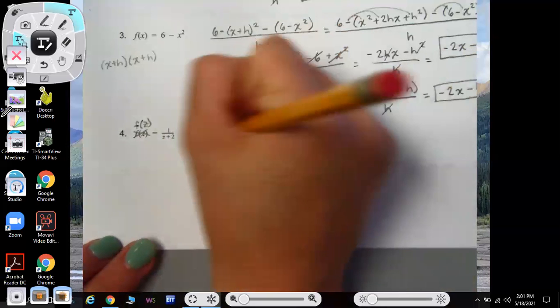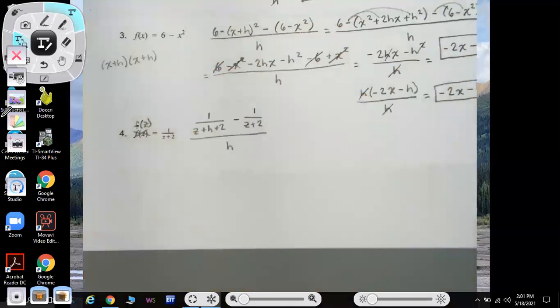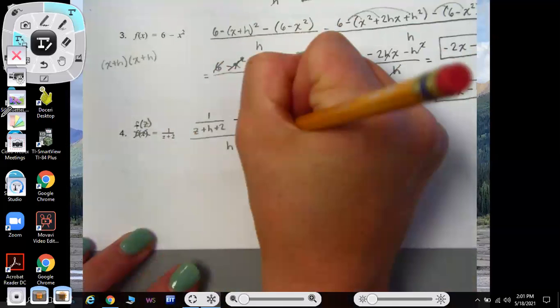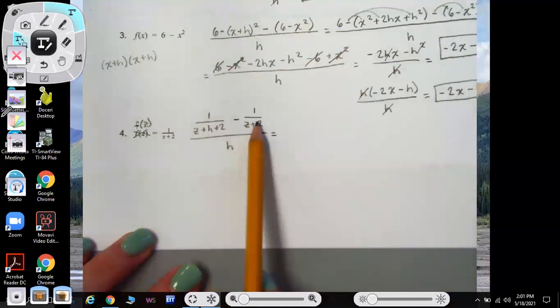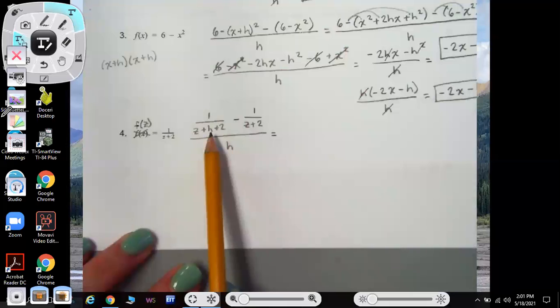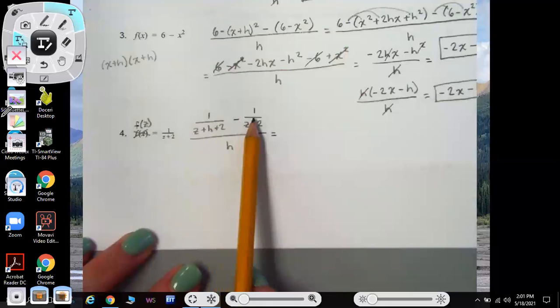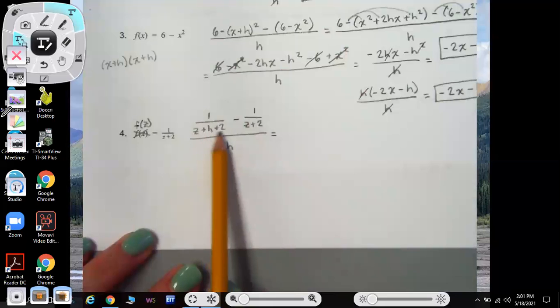All of that over h. Okay, in the numerator, in order to subtract these two fractions, they need to have the same denominator. So to make these fractions have the same denominator, we need to multiply by the least common denominator.